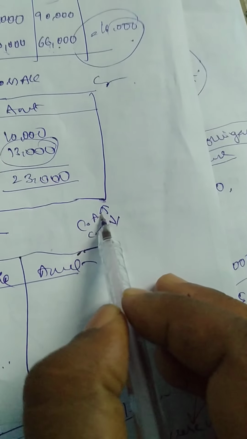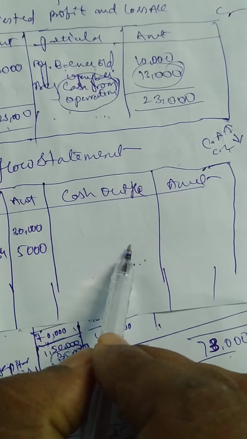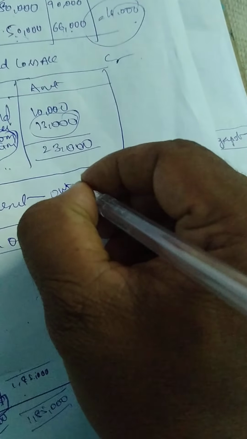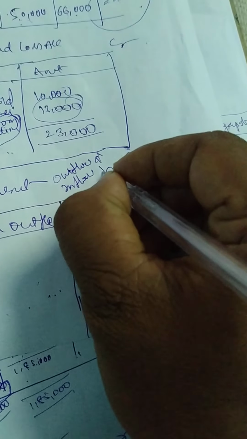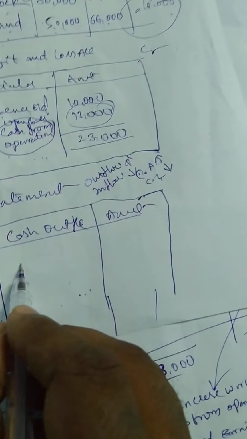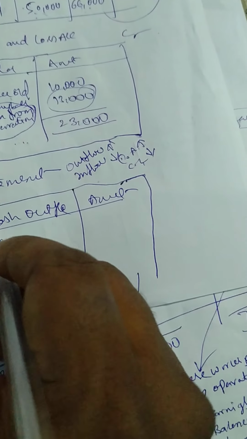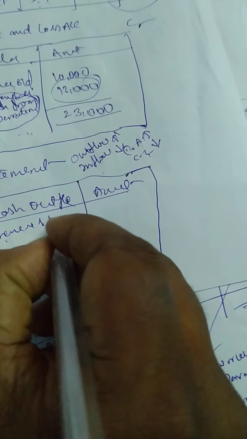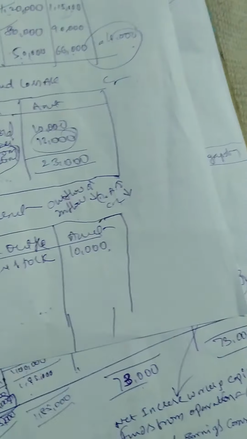When the current assets increase, current liabilities decrease. So it is increase. Outflows means increase. Write down here, outflows increase, inflows decrease. Stock increase. How much increase? 10,000. Clear?